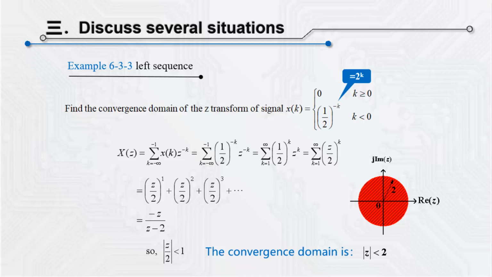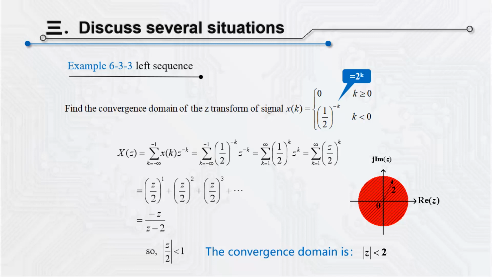Then the convergence domain at this time is the modulus of z less than 2. As shown in this figure, the convergence radius is 2. The area inside such a circle, that's within the red area.